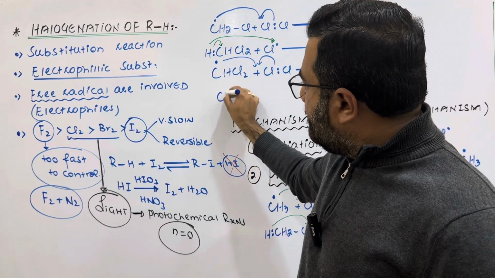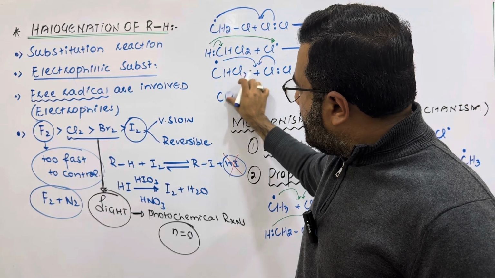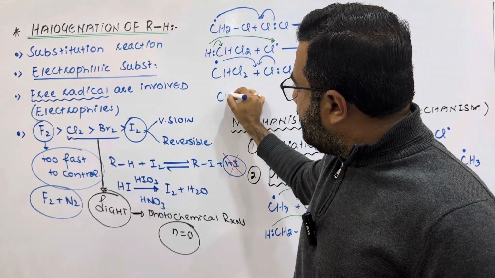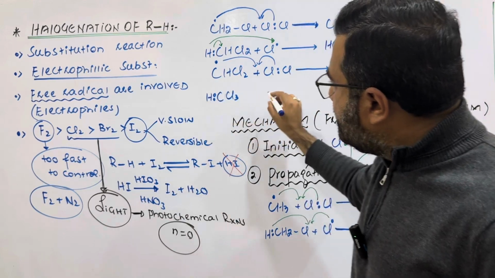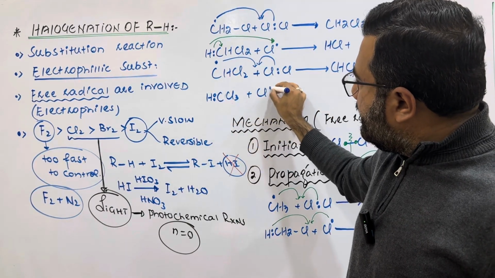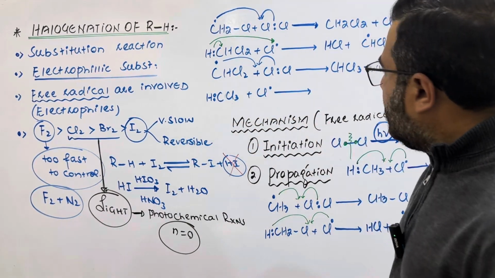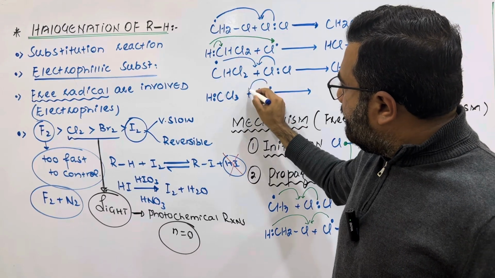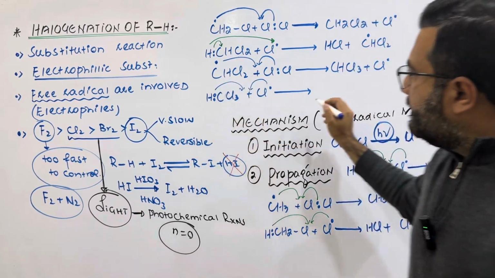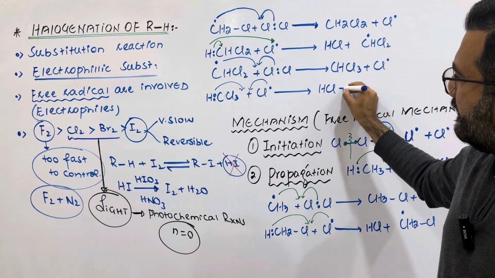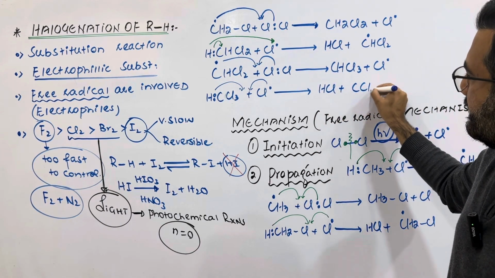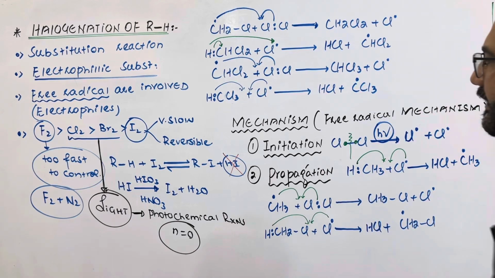Finally, I will write it down in this form so you can understand it easily. Again, this chlorine free radical will share its electron with hydrogen and you will get HCl and CCl3 free radical.